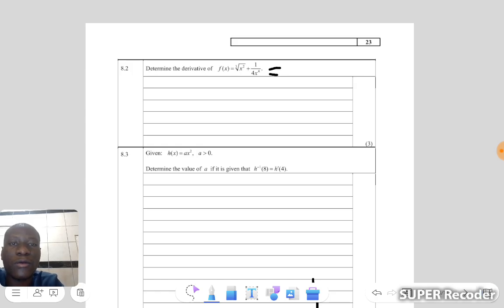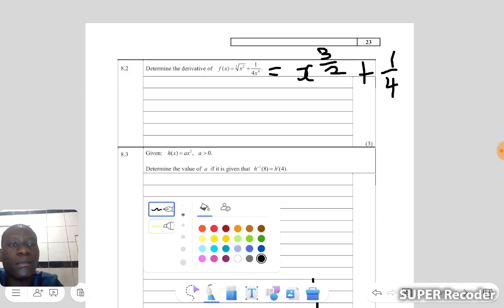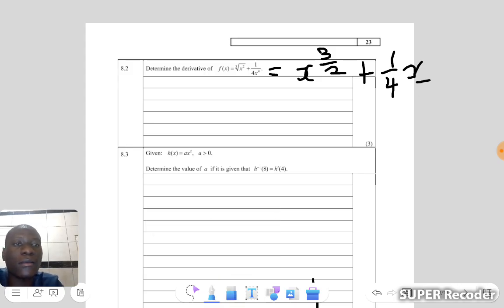Firstly, I will simplify this equation to x to the 3 over 2. You see what I did, right? I just removed the cube root. Plus on this side I will have 1 over 4 times x to the minus 4, like that. From here we can derive our function very well.